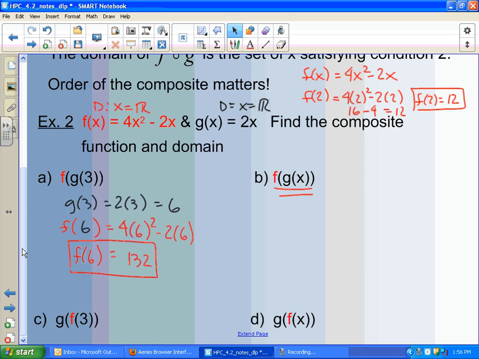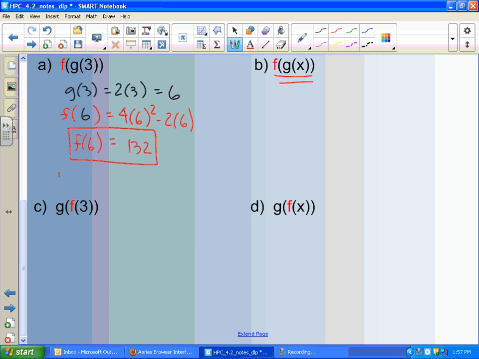If that had ended up as f of g of x equals 132, well, now you got a horizontal line going through 132, and that would mean everything works. But in this case, we've got a single point. So we can say the domain is x equals 6.